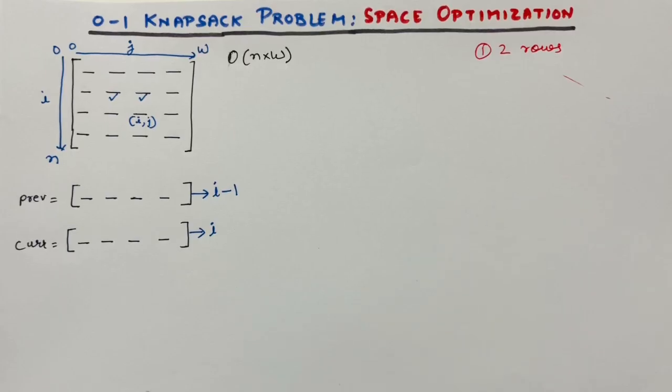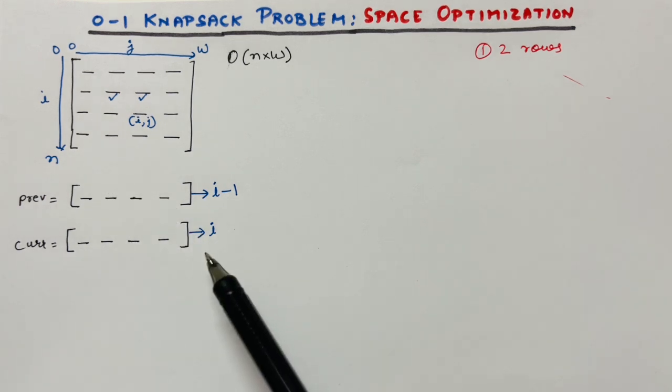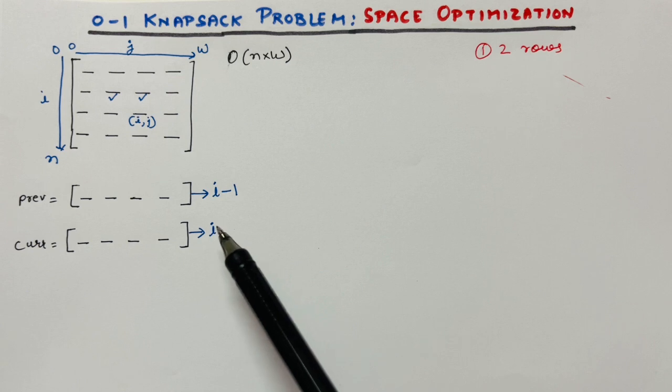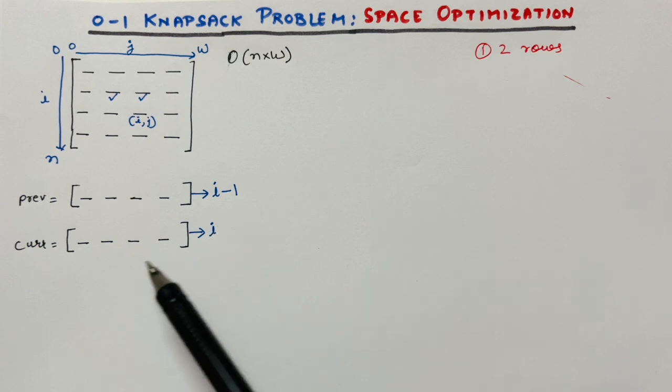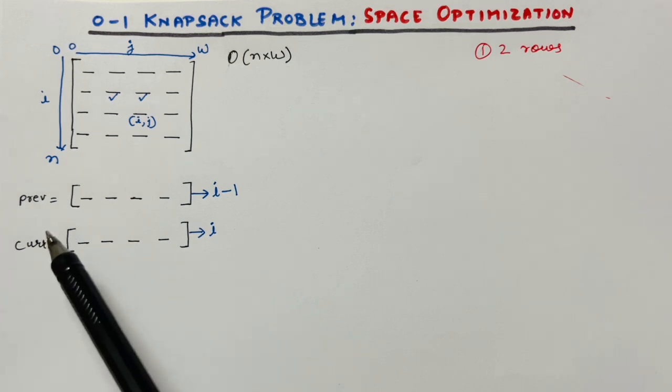Let us call these 2 rows previous and current. Now current corresponds to the row that we are currently trying to fill. This may correspond to some value of i here. That means it may correspond to considering the first i items. If current corresponds to the first i items, then what will previous correspond to?